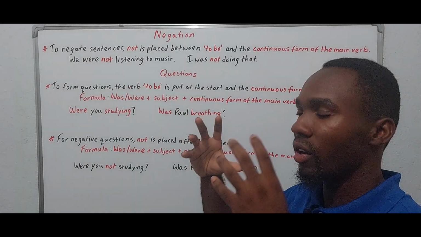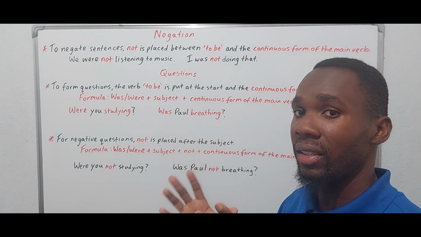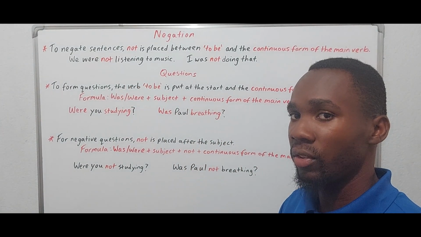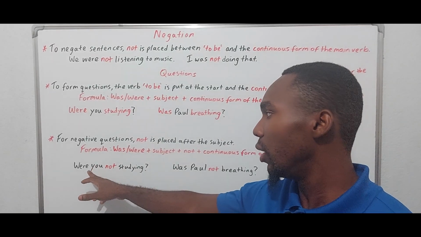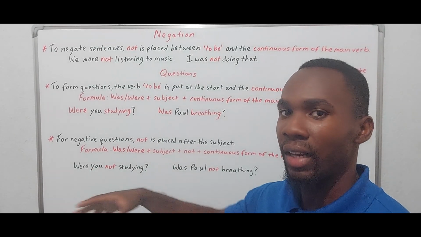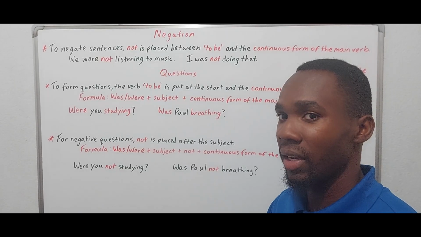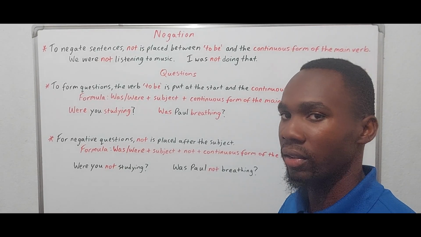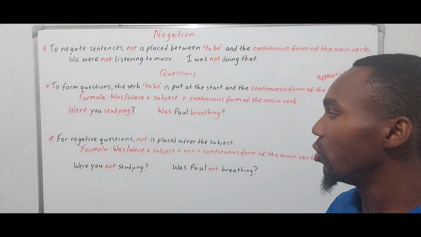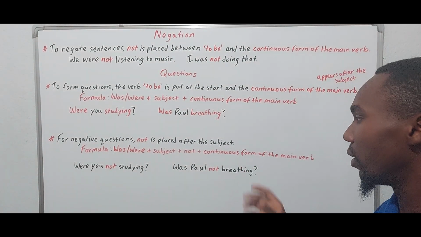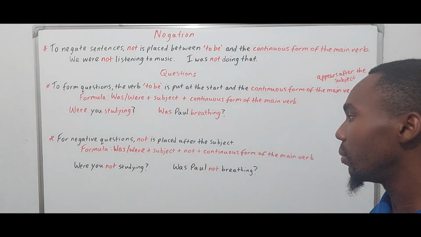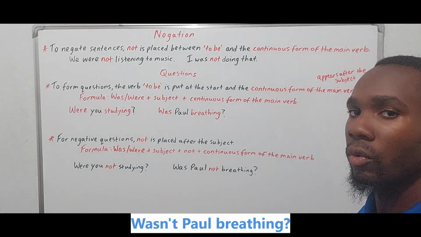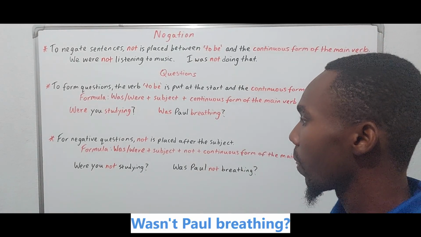So they were and you're not just, they're already side by side. So you just fuse them. But here now, they were and you're not aren't next to each other. There's a subject in the middle, right? So I just wanted to point that out. Weren't you studying? And here, wasn't Paul breathing? Those would be contractions, all right?